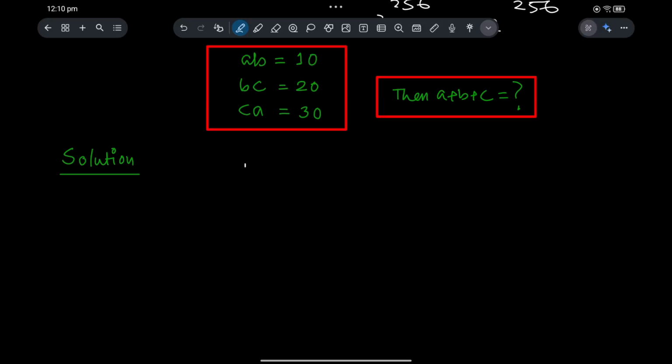Now we can write AB equals 10 as the first equation, BC equals 20 as the second equation, and CA equals 30 as the third equation.